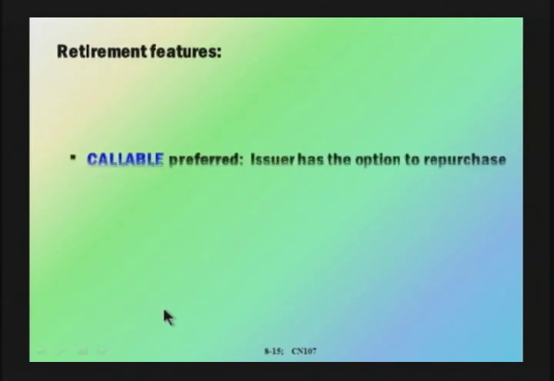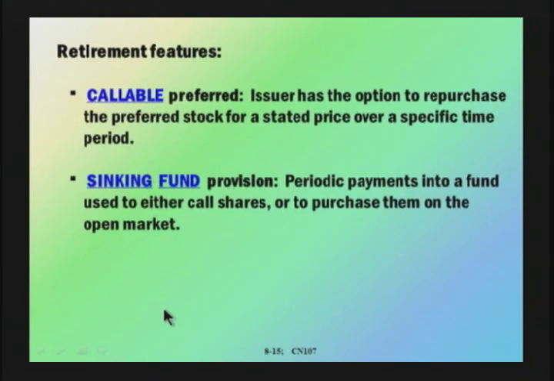Now, preferred stock is equity, so it has no maturity, but that does not mean that it's going to stay outstanding forever. There are a couple of reasons why the preferred stock might actually be retired and not have an infinite maturity. One is that the preferred stock might be callable. That gives the issuing firm the right, but not the obligation.